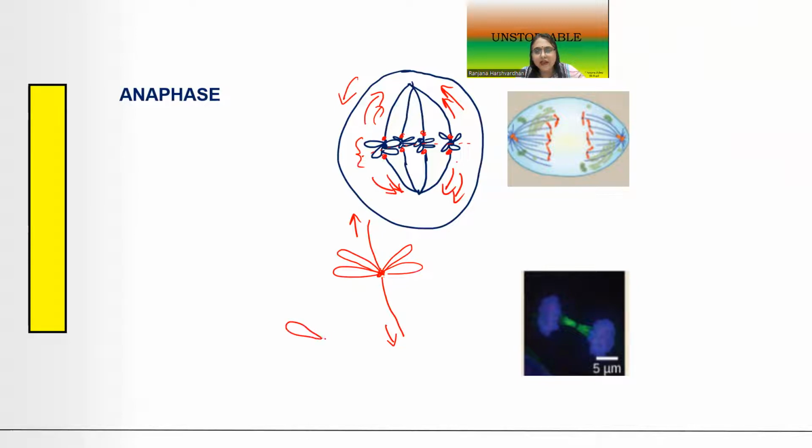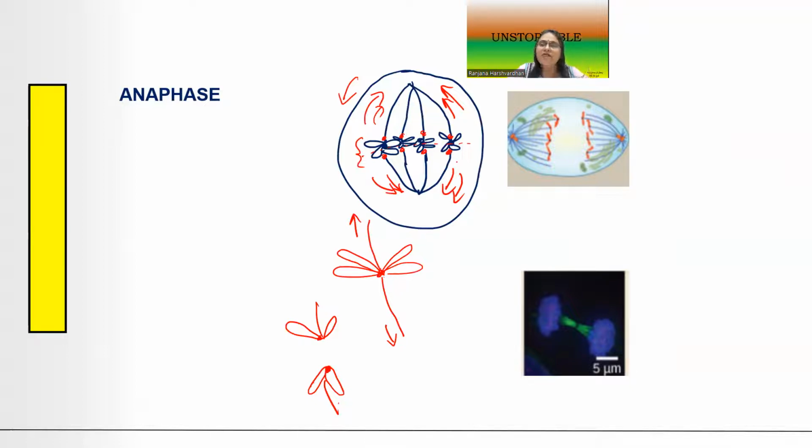It will be like this. That will be the structure. The chromatids will be divided into two parts, they will get bifurcated, and they will move away from the center. Okay, so that is what will happen in anaphase.